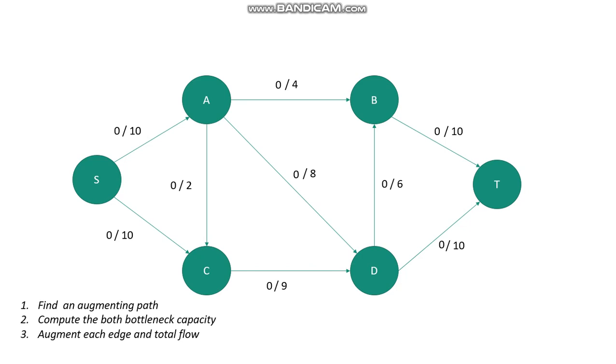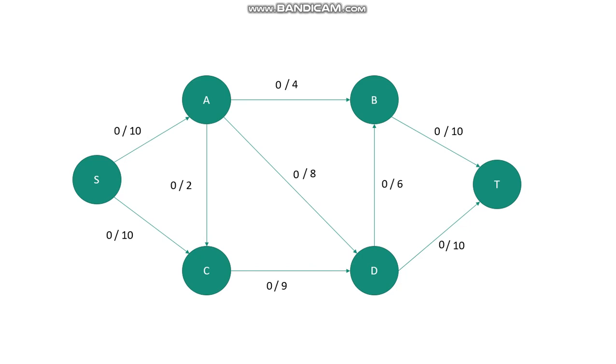Let's start at S and look for a path to T. Remember, the edges in our path must be non-full in forward or non-empty in backward. Let's choose the following path first. The bottleneck capacity is in A to D, with the value of 8, so we will augment all edges with this value.